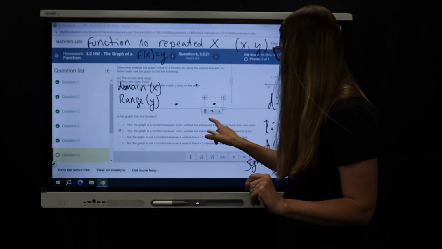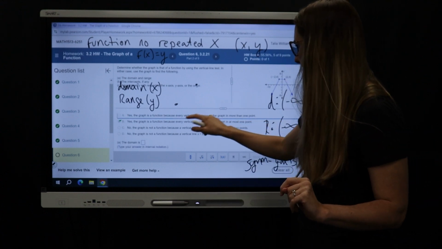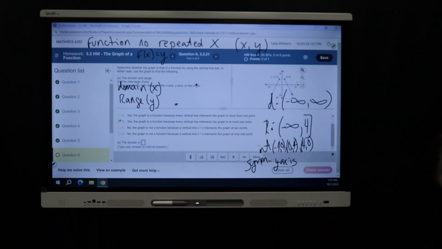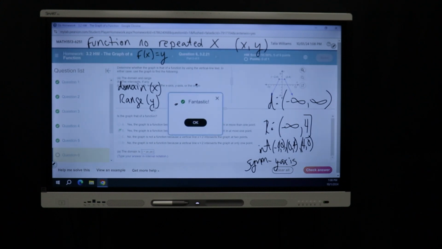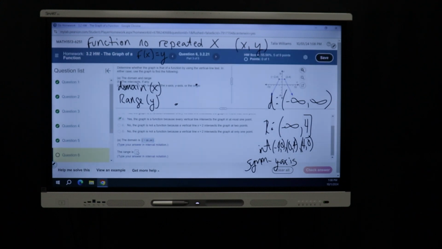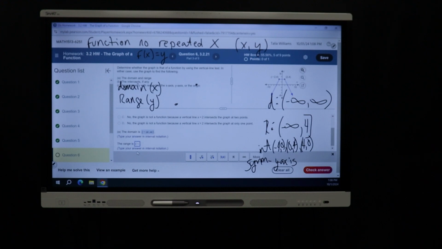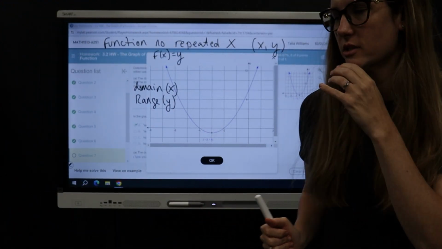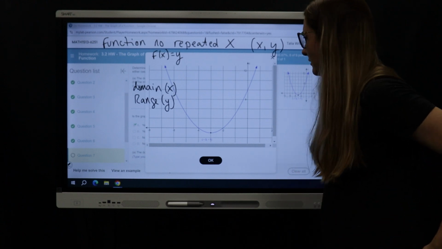Okay, let's get this typed in. Domain, negative infinity to infinity, because we had our arrows. It didn't tell me it ended, so it keeps going. Negative infinity to positive infinity. Range, it has the arrows at the bottom, so we come from... sorry, I just checked and saw that it ended.